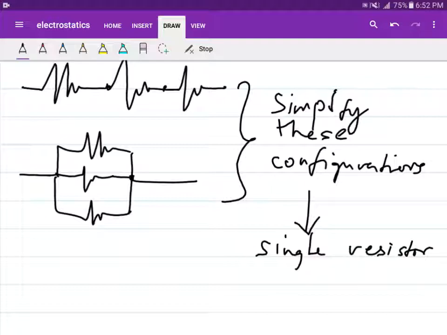Because in that way, we can apply the technique we used in solving a simple circuit. So we just have one battery, one resistor, and we can get the current out of a circuit. So that's our goal. We simplify these sort of complicated connections between resistors into just a single resistor.